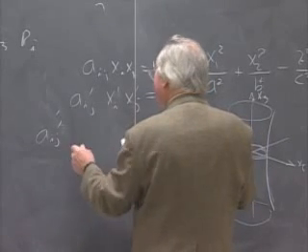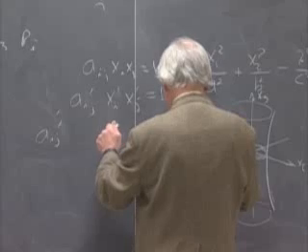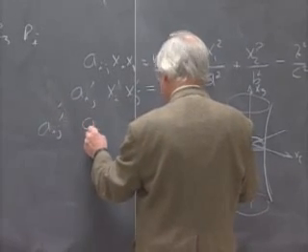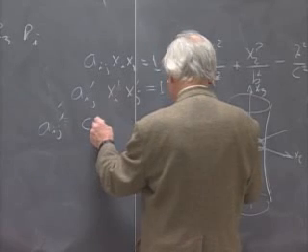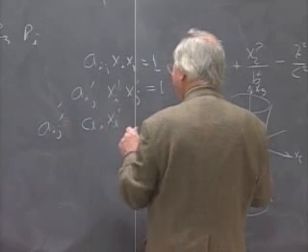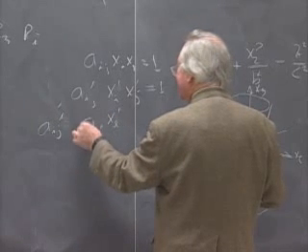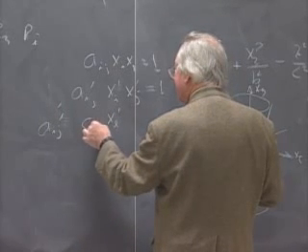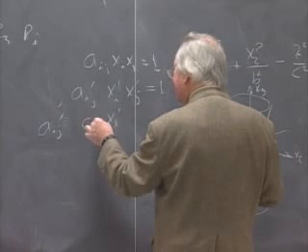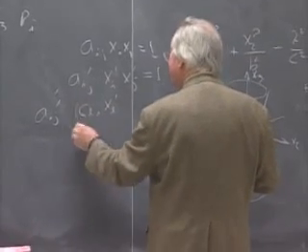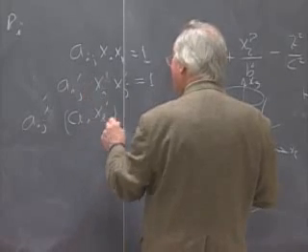And xi prime in terms of the original x's will be c sub l i x sub l prime. Okay? Usually we write it xl equals c i l x sub l. This is the reverse transformation where the order of the subscripts is reversed. So this will give me x sub i prime.